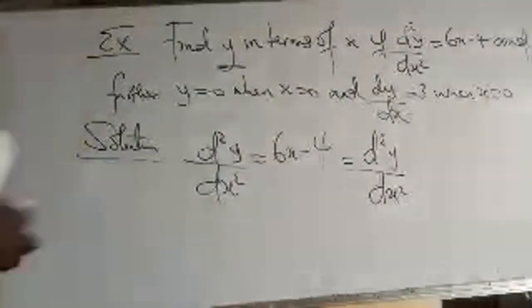The best way is to reduce the degree. It will be confusing if we cross multiply first. Integrate both sides.